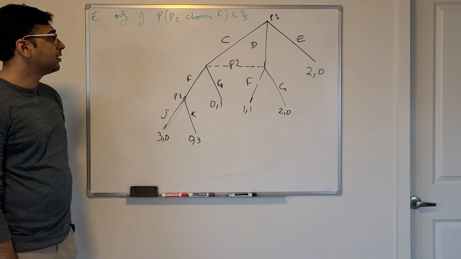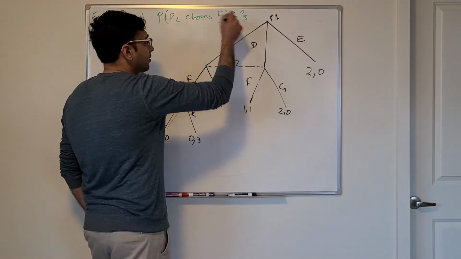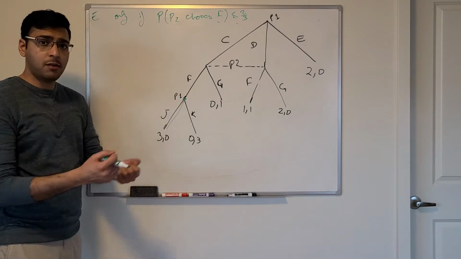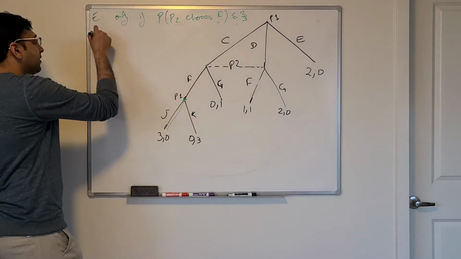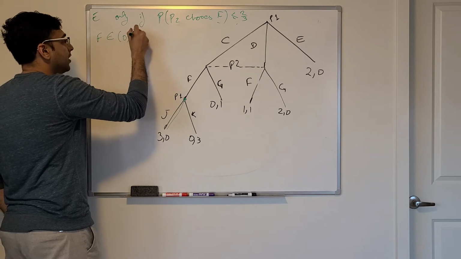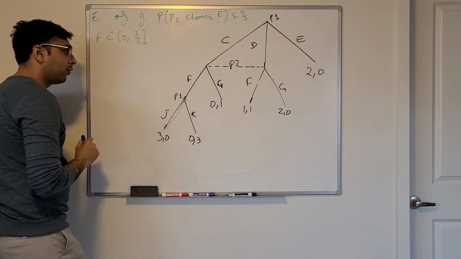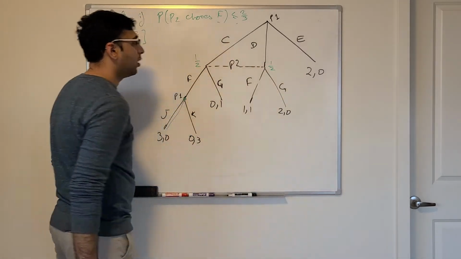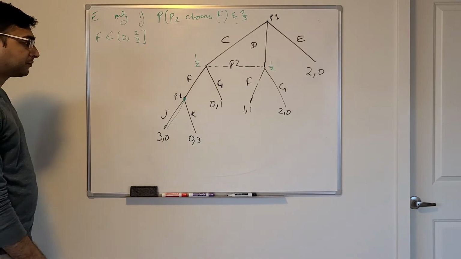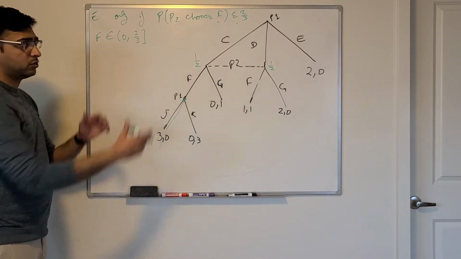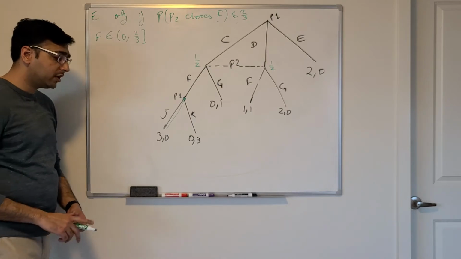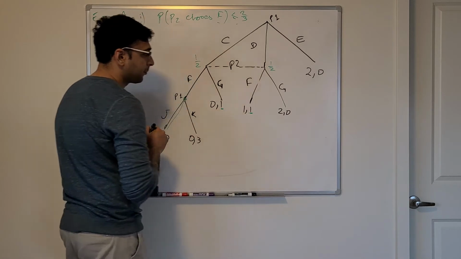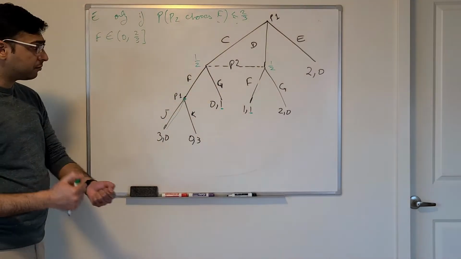Okay. For player 2 to choose F less than or equal to 2/3 of the time, either as player 2 you're choosing F some of the time, so F is between 0 and 2/3, for that you would need a belief system that assigns a weight 1/2, 1/2 to C and D. Now as player 2, with your options of C and D, you only get positive payoff if either you end up here or you end up here. Right? Those positive payoffs are equal.